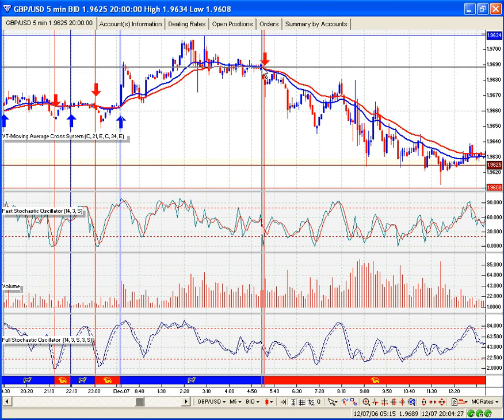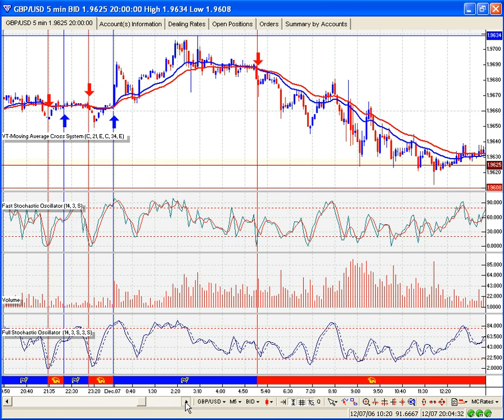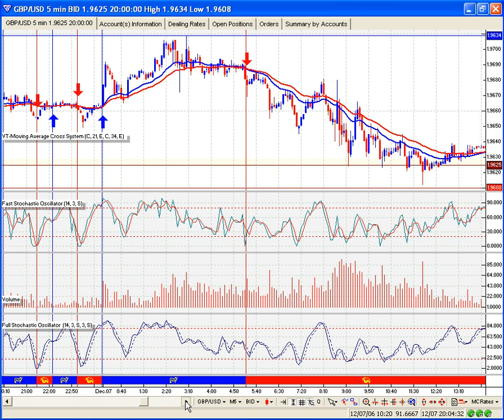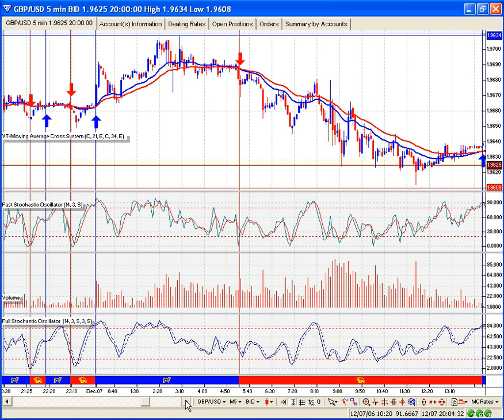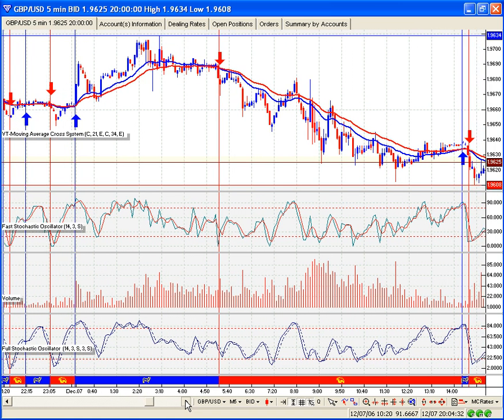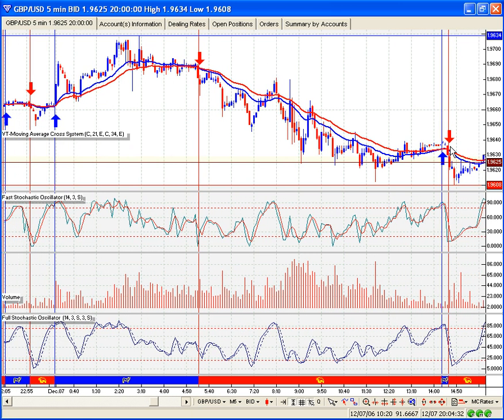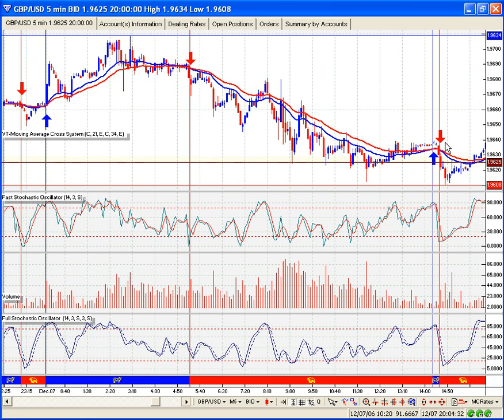Now 690 you sold, and look at that, coming down to 620, another 70 point profit, and from 620 it is moving up to 640 here, another 20 point profit.